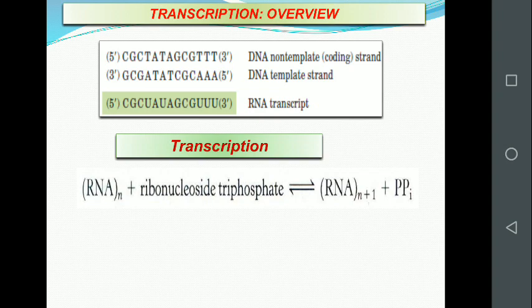During transcription, we have an enzyme called RNA polymerase enzyme. In prokaryotes, the RNA polymerase enzyme synthesizes all kinds of RNA molecules, that is mRNA, tRNA, and rRNA.